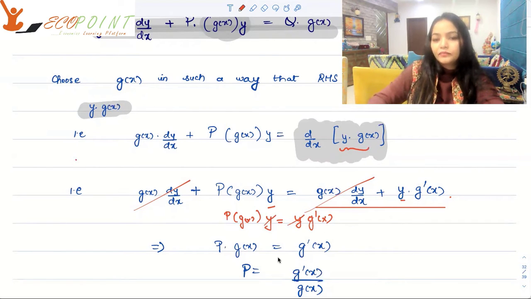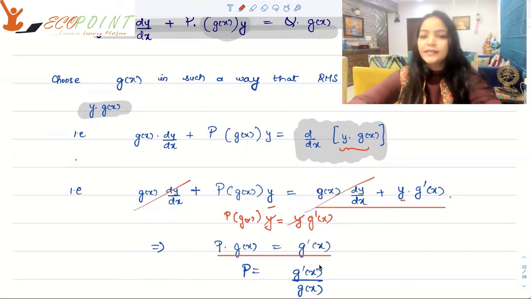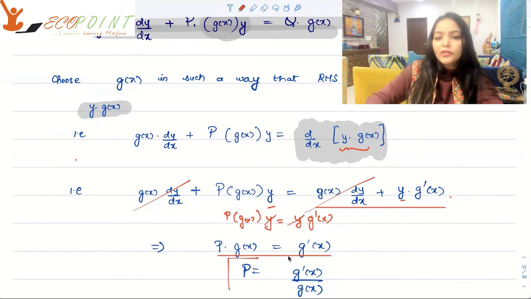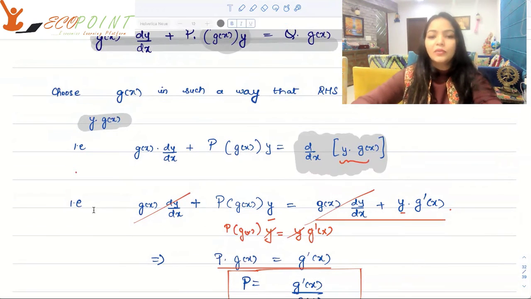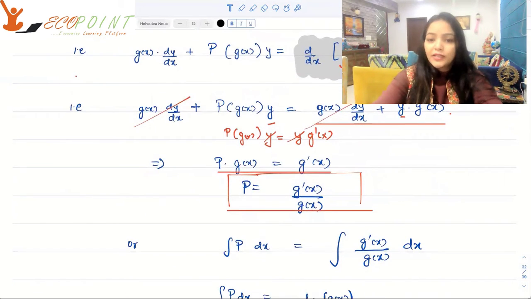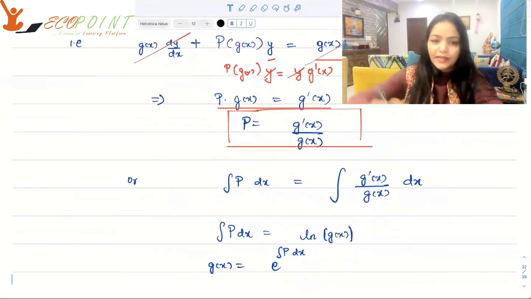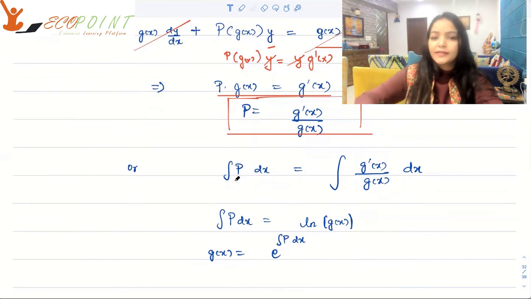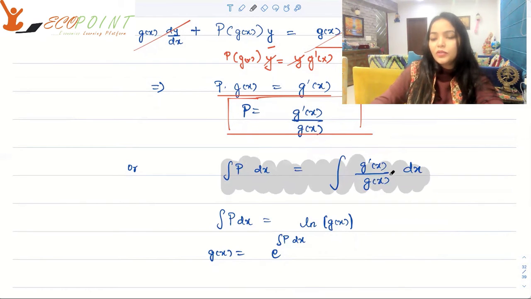You get p into g(x) equals g dash x, or in other words, p equals g dash x upon g(x). If you integrate on both sides, what will you get? Integral of p dx equals integral of g dash x upon g(x) dx.